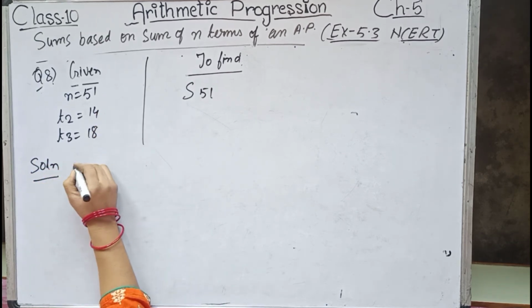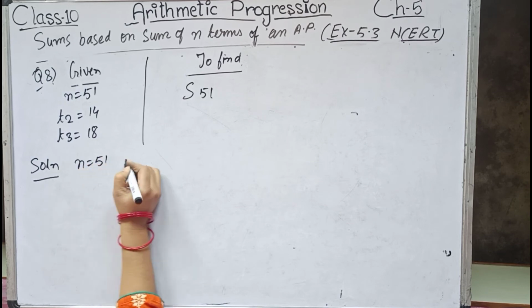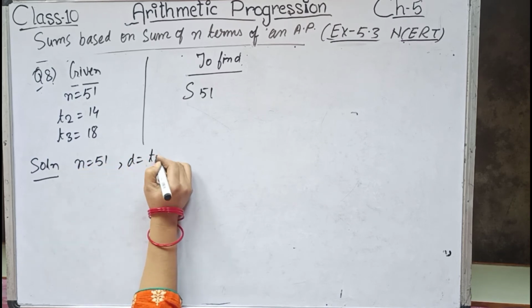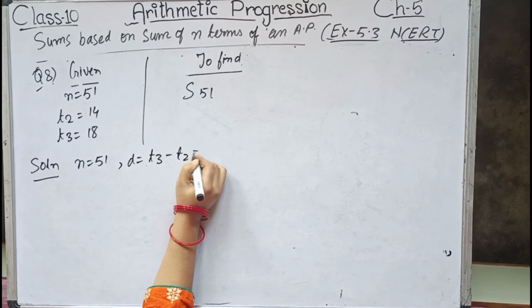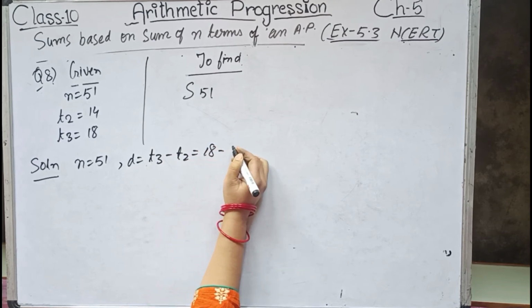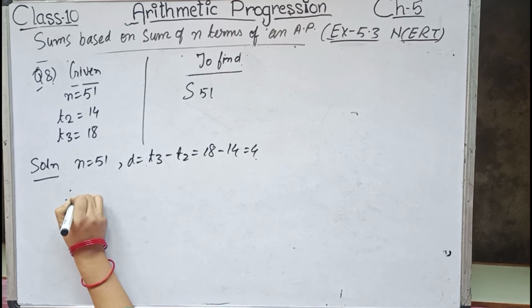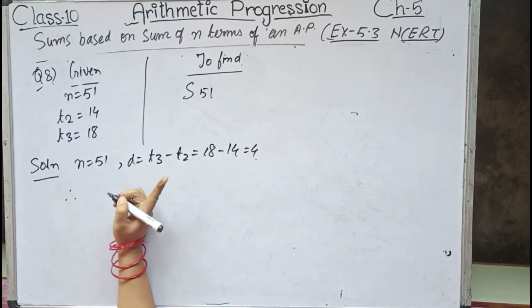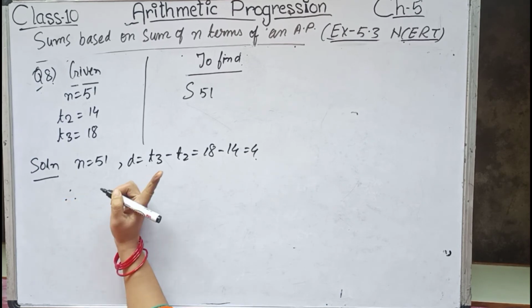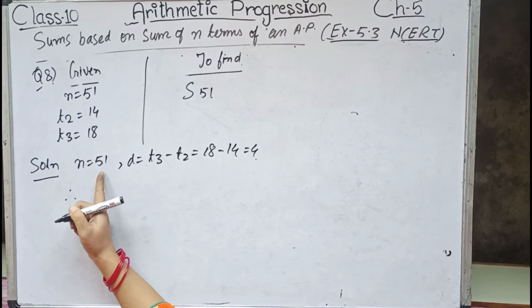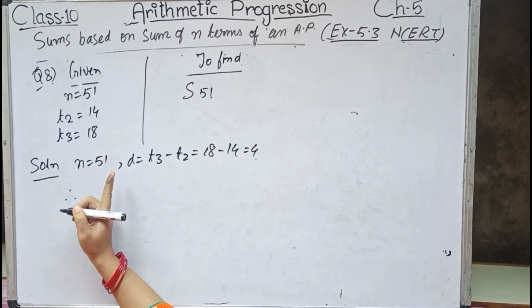With n I cannot start. n equals 51 and d equals T3 minus T2, equals 18 minus 14, equals 4. Therefore, can I directly put Sn equals n by 2 times 2a plus n minus 1 into d?